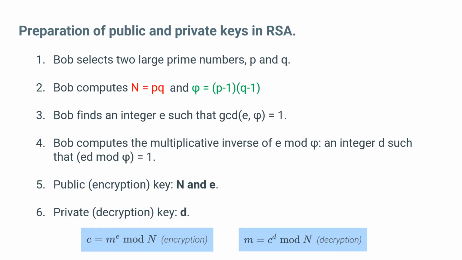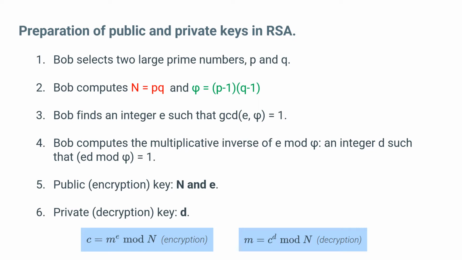Ciphertext is what's been encrypted. So this first box here is going to take plain text, which is the M, take it to the power of E, and then take all of that mod N. That's going to give anyone the ciphertext to send to Bob. So C is found by that first formula there.